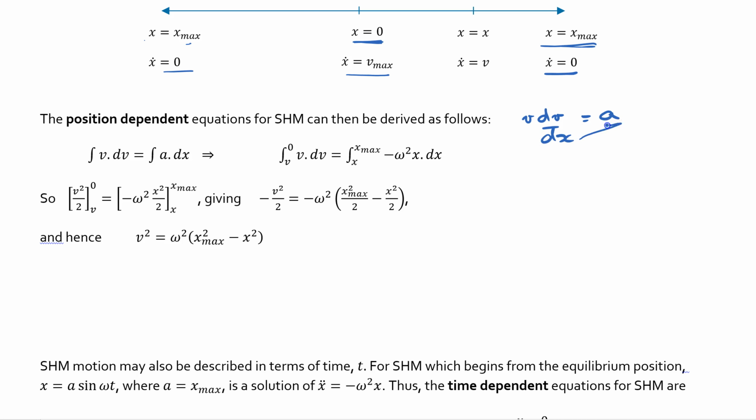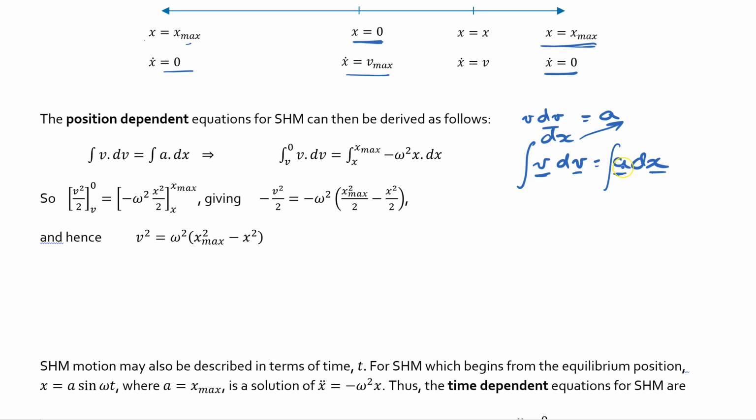Now I'm then going to multiply this across, so v dv equals a dx, and then I'm going to integrate both sides. And when I put those integrals in there, it means that I'm integrating this expression with respect to v and this expression with respect to x.